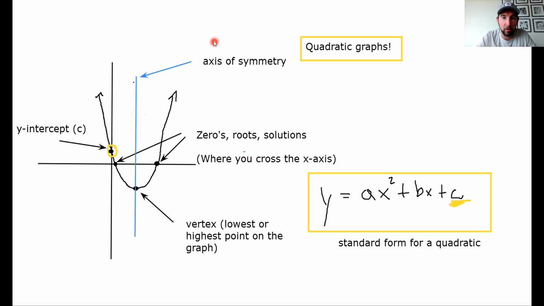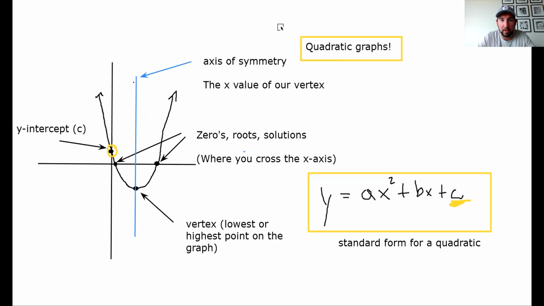Our axis of symmetry is the x value of our vertex. In later weeks, we're going to talk about how you can get all of these points from the equation. But this week, I just want to work on identifying the points.